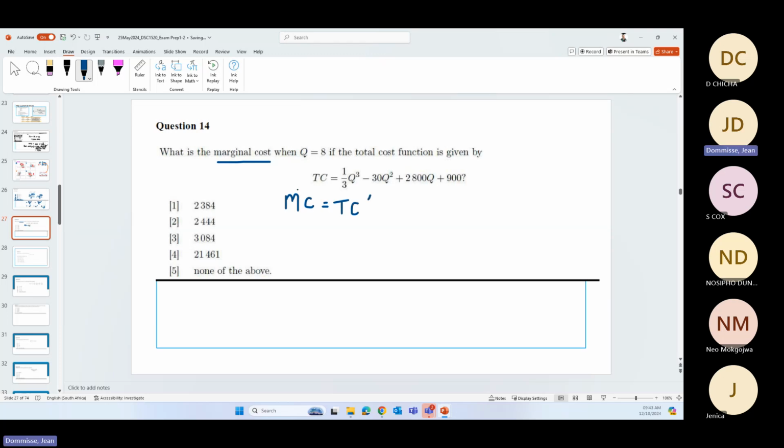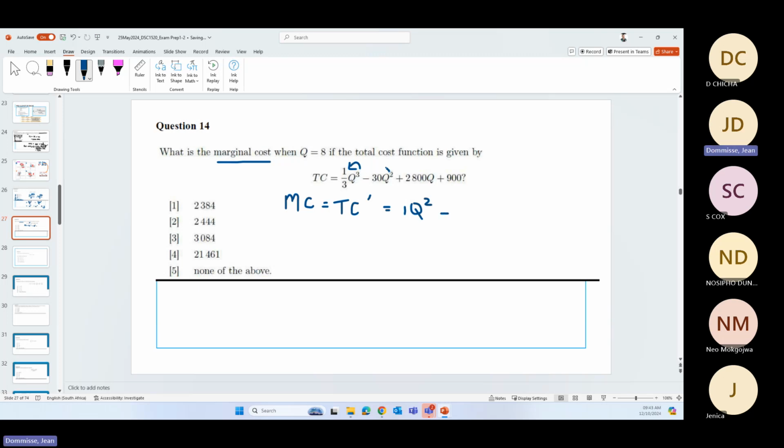So from total cost to marginal cost, we need to differentiate. Okay, so that tells us then that now suddenly we need to multiply. So 3 times a third gives you just 1. Q to the power of 2.